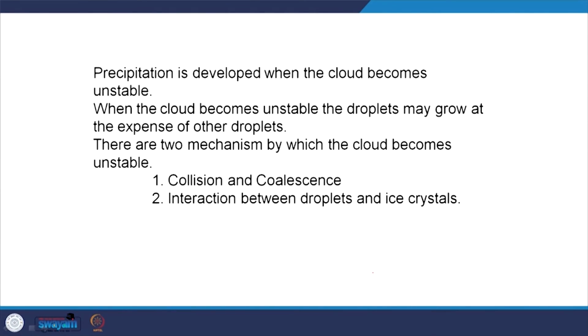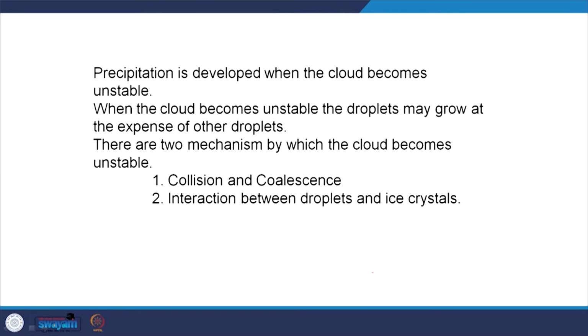Okay. So, precipitation is developed when the cloud becomes unstable. Only when the cloud becomes unstable, like I said, is precipitation developed. When the cloud becomes unstable, the droplets may grow at the expense of other droplets. There are two mechanisms by which the cloud becomes unstable. They are collision and coalescence, one mechanism, or interaction of droplets and ice crystals.